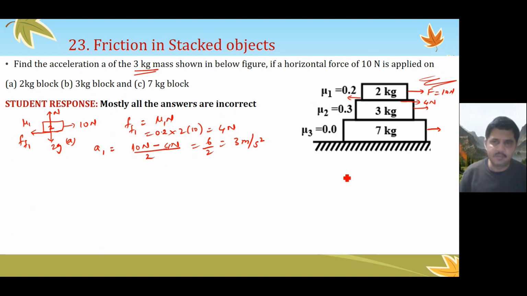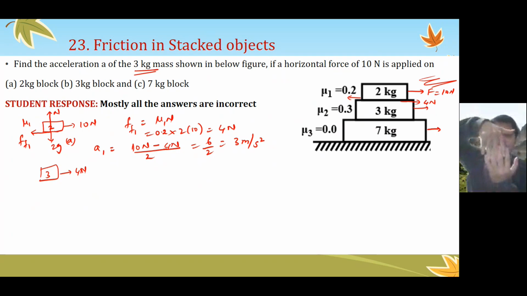Now, if this has to be pulled by a force of 4 Newton, will this move separately? Let us ask that question also. The problem now reduces to a 3 kg object with a force of 4 Newton acting on it. Otherwise, assume it like this: friction is nothing but two surfaces which are interlocked.